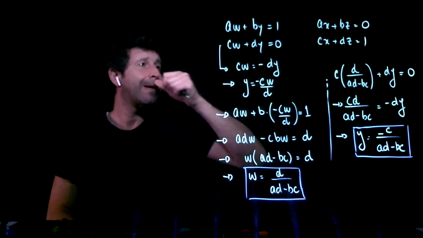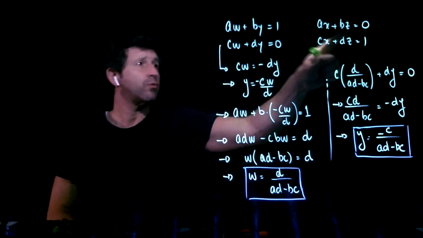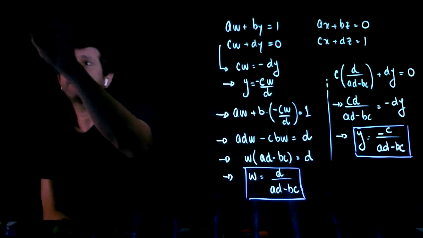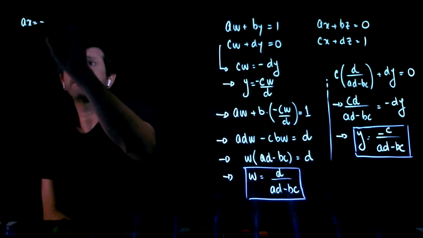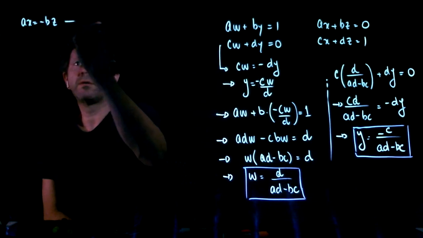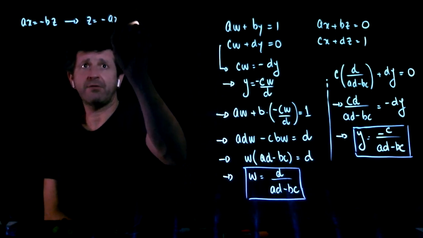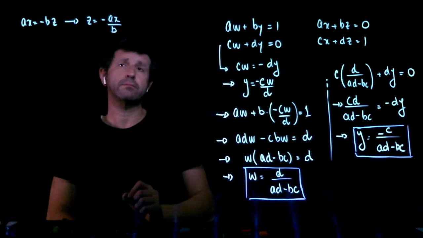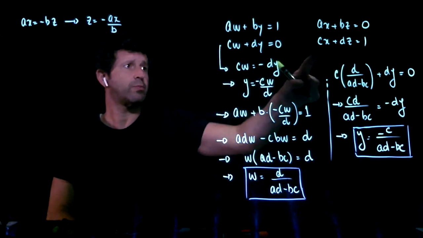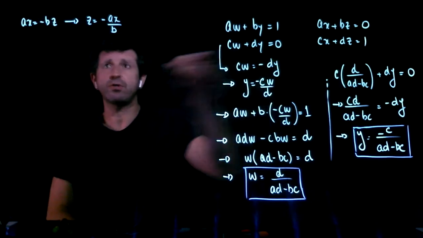So I will do AX equals negative BZ. Which means that Z is negative AX over B, which I'm going to replace in the second equation.